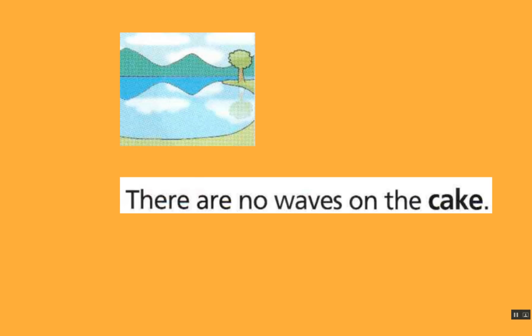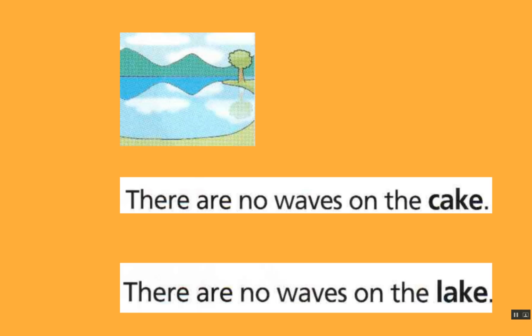There's your picture. Let's read the sentences. There are no waves on the cake. There are no waves on the lake. You read those sentences. Which one matches the picture?